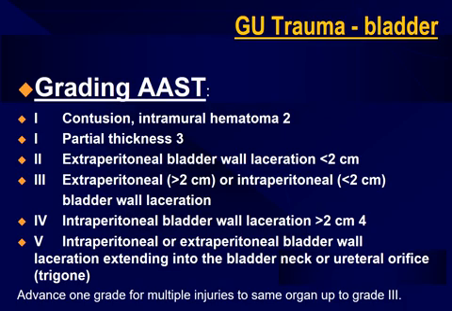So grade 3 is considered when we have a larger than 2 centimeter laceration of the bladder wall extraperitoneally, or intraperitoneal laceration, which means the bladder content goes into the peritoneal cavity, but the laceration is less than 2 centimeters.